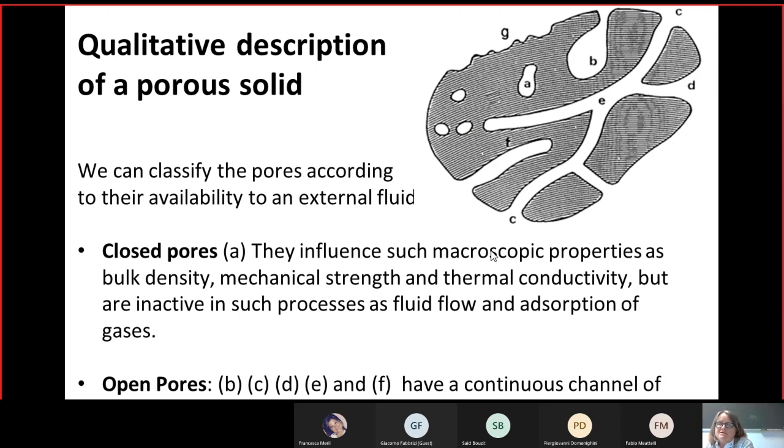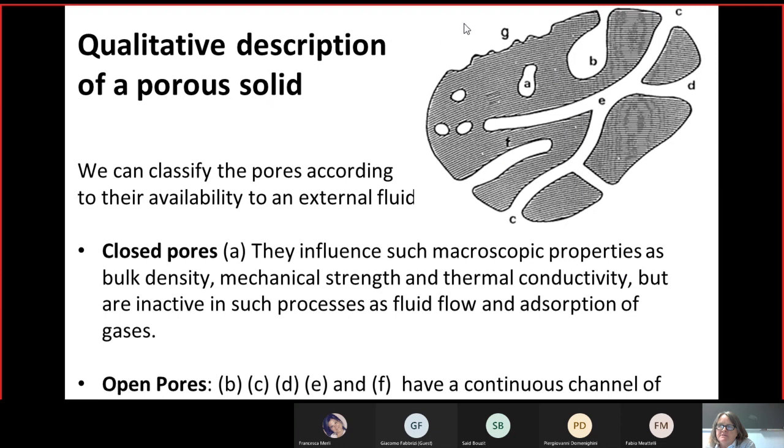And so we have to talk first about the types of pores. As in the image shown here, the dark part is the solid material, and the white parts are the different pores you might have in that material. We can have closed pores, as seen here at A. It's not accessible to the outside of this material.